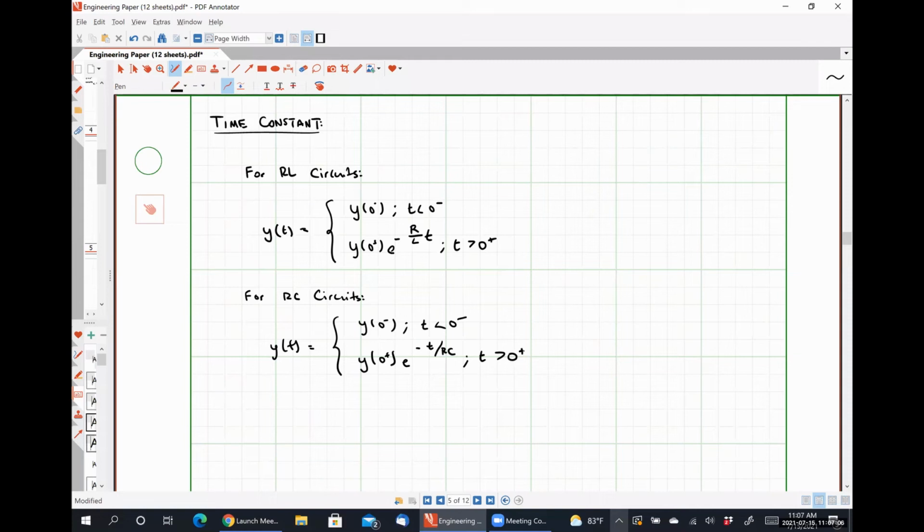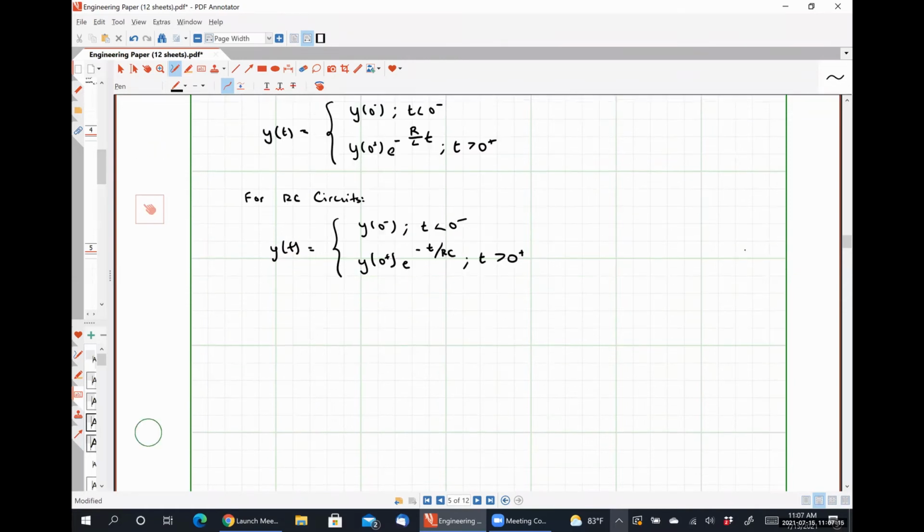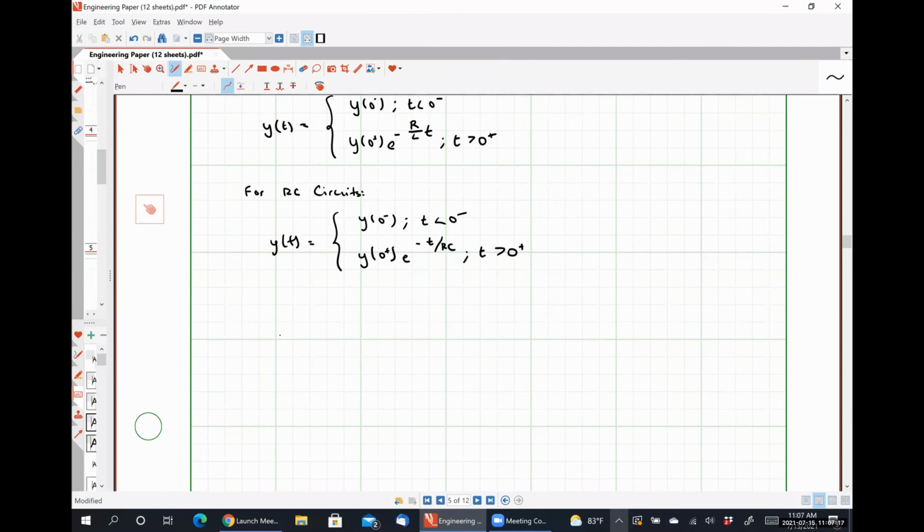So what electrical engineers have done is they have gotten lazy and developed a quantity called the time constant, where the time constant is y of tau, where tau is the time constant, is exactly equal to y at 0 plus times e to the minus 1.